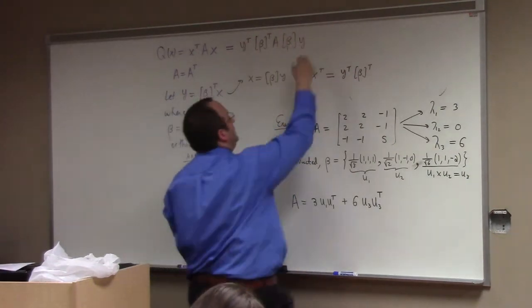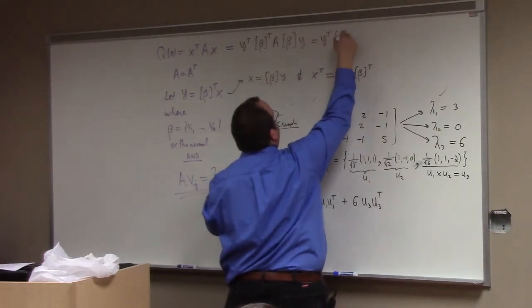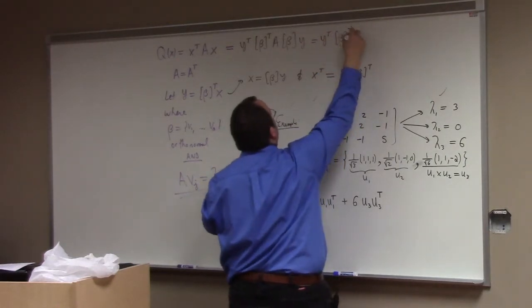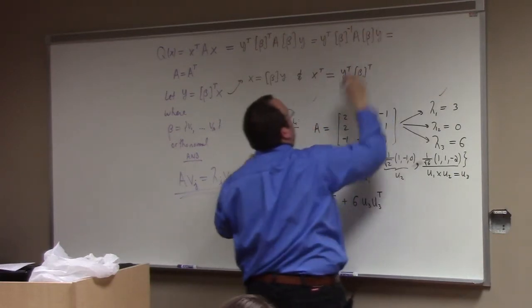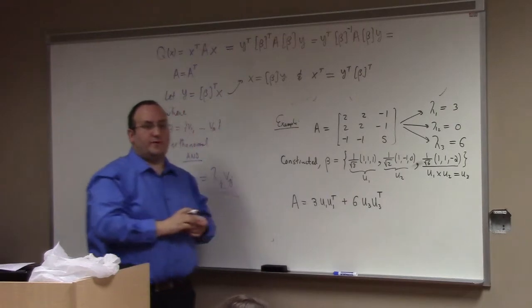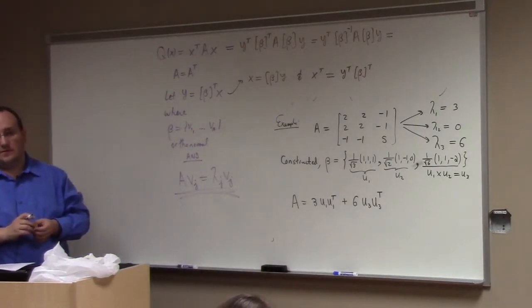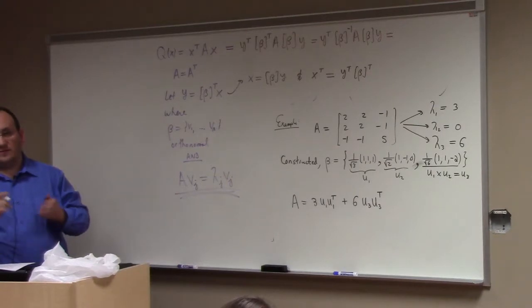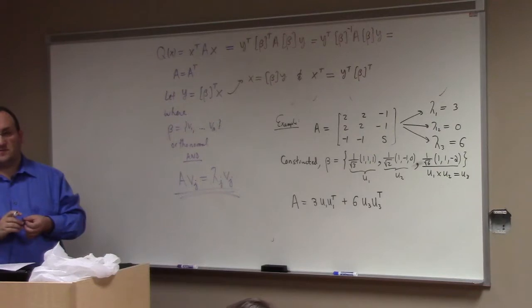Which is, by the way, what? Y transpose beta inverse, because it's an orthonormal basis, remember, A beta y. But what have we done? What does it mean to take the matrix and put P inverse AP, where P is filled with eigenvectors?